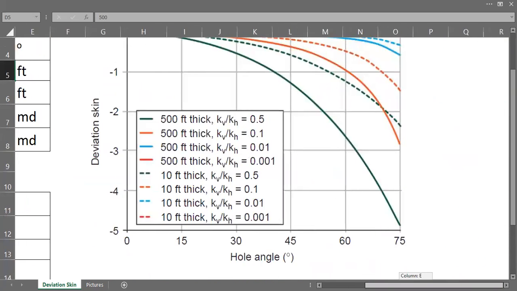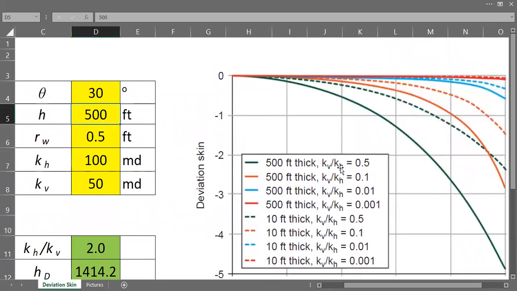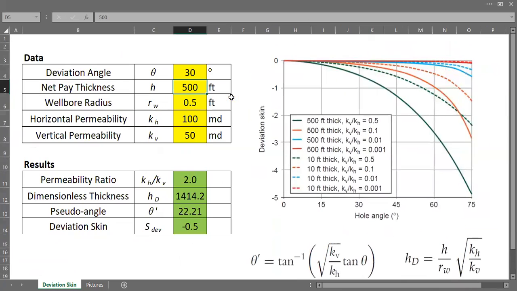So if you go from 30 degrees hole angle, go up there, go to the left, close to minus 0.5. Okay, so again, you can use this formula. You can follow this example to calculate your case and get the deviation skin.